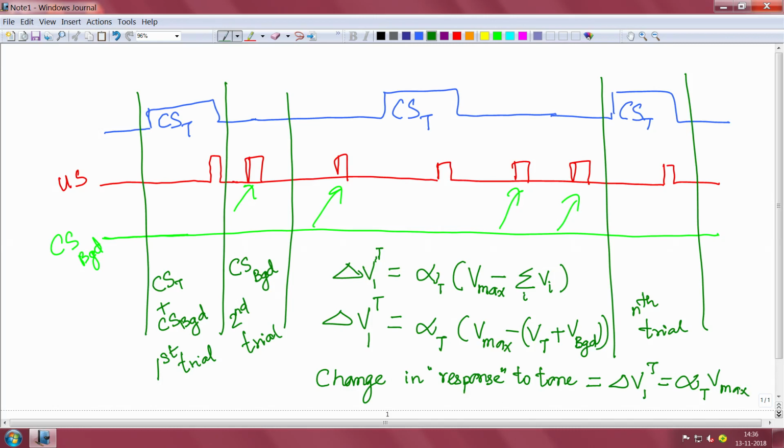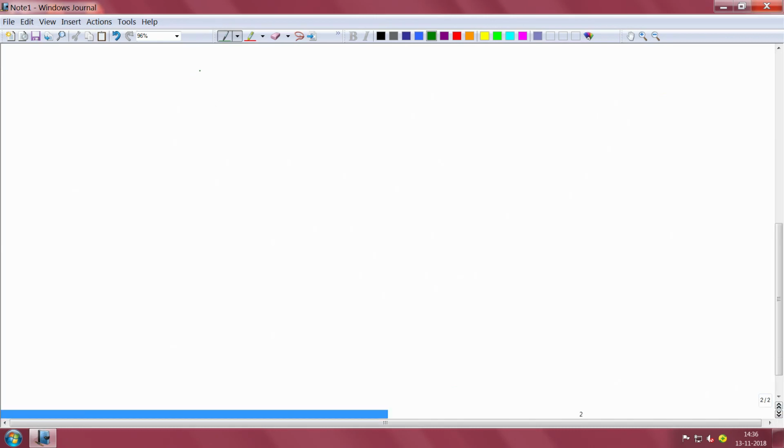All right. So, now in this trial itself a similar amount of change happens for the background too. V1 for the background will be equal to alpha background times V max minus the same summation term that happened before.